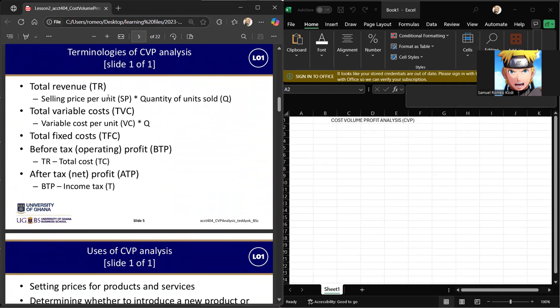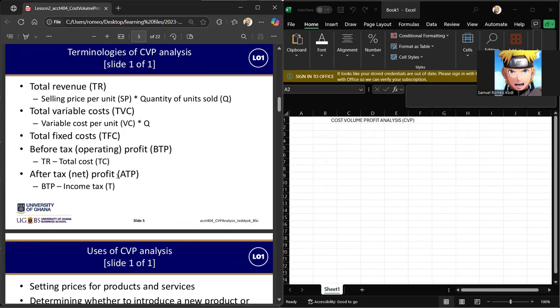So here are some terminologies: sales, which is the selling price per unit times its quantity; variable cost, the variable cost per unit times its quantity; then you have the total cost, total fixed cost, profit before tax. After tax, net profit.